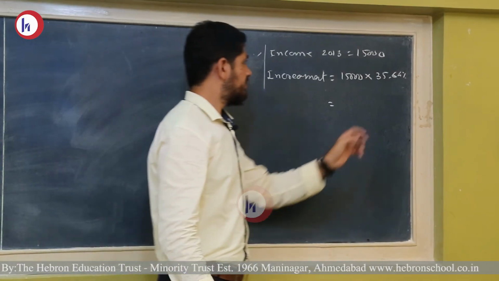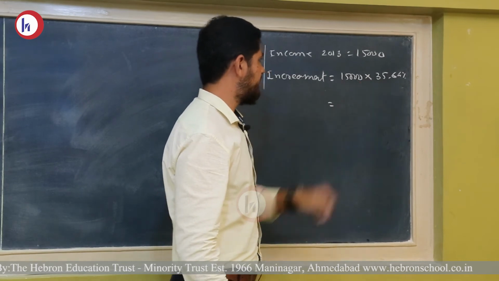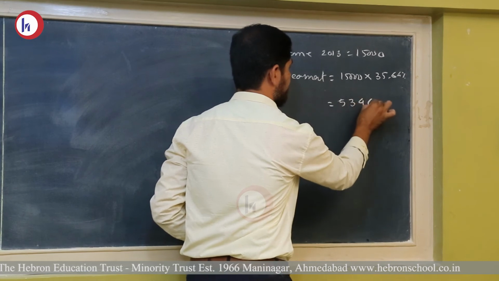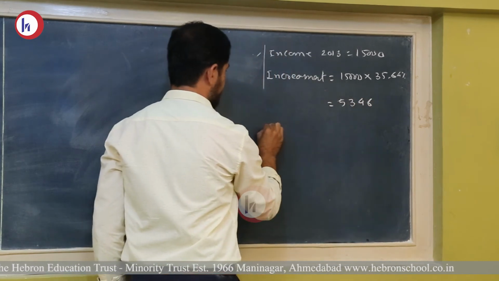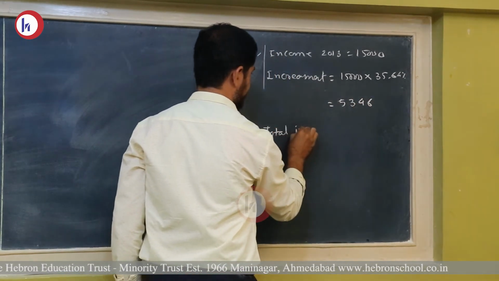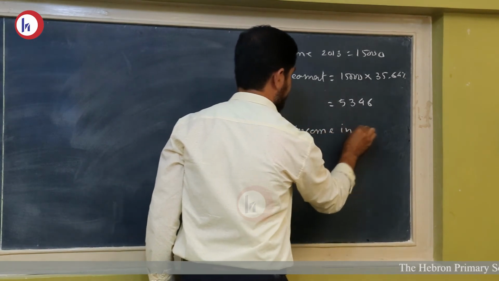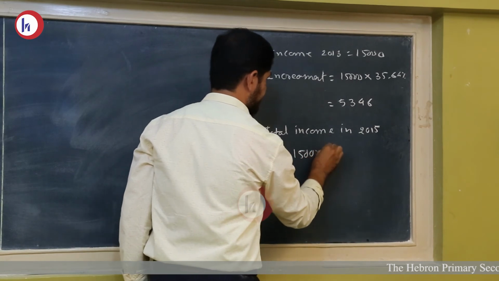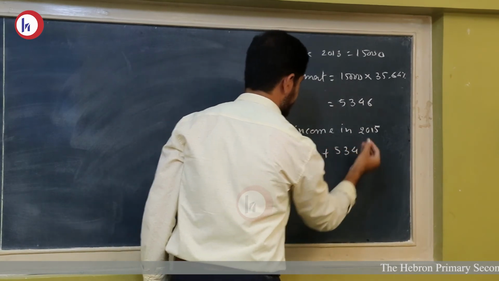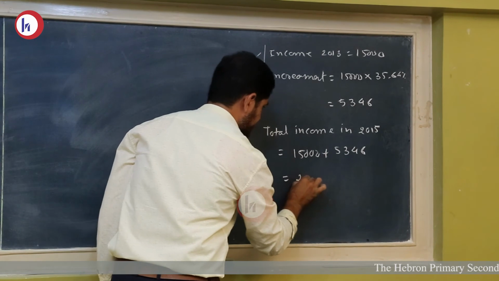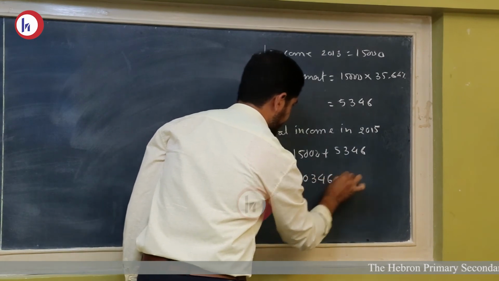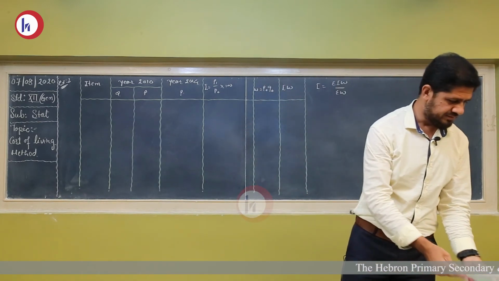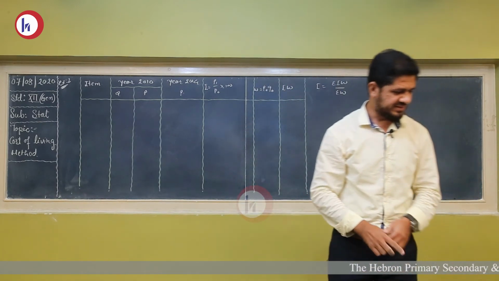Okay, now 35.64% of 15,000, that is 5346. Now the total income in 2015 is equal to 15,000 plus the increment 5346 and the final answer is 20,346 rupees.